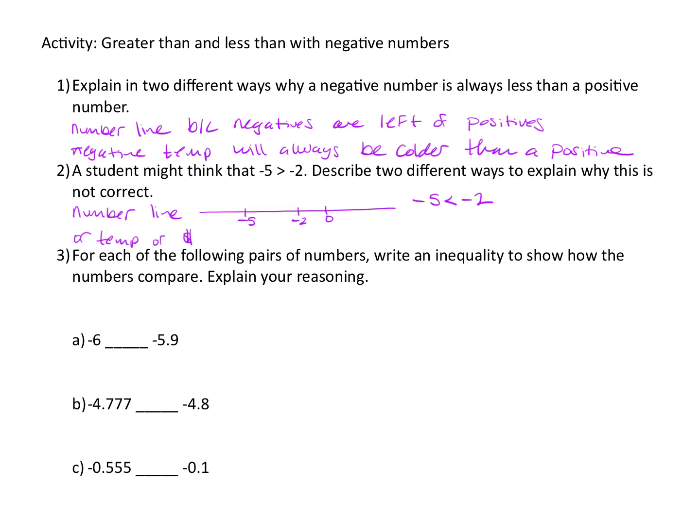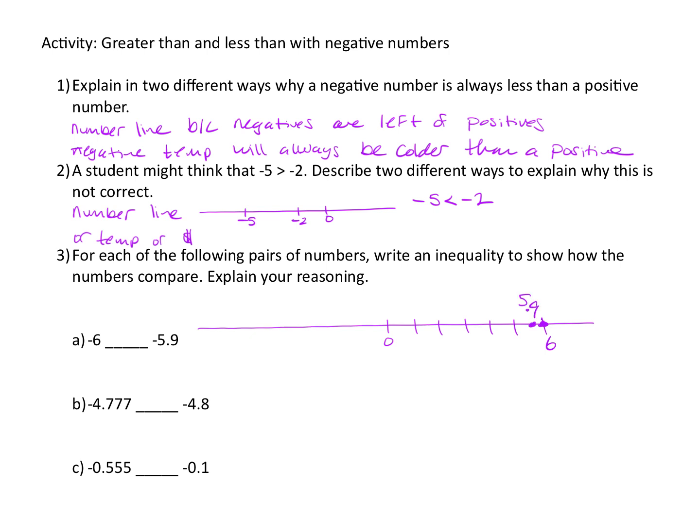So for each of the following pairs of numbers, write an inequality to show how the numbers compare. Negative 6 compared to negative 5.9. I'm going to make a number line, and it may be helpful to put the positive counterparts on here first. So here's 0, 1, 2, 3, 4, 5, 6. Here's 6. 5.9 is going to be a little bit before it.